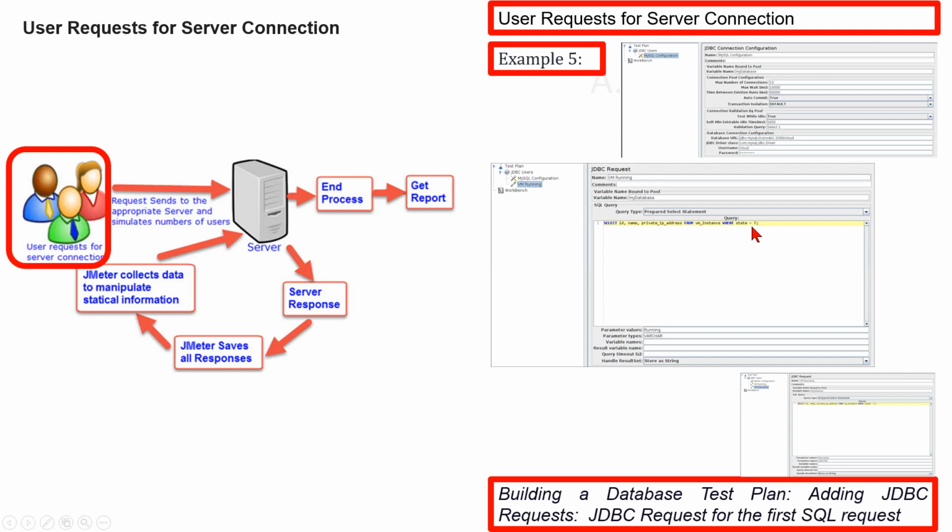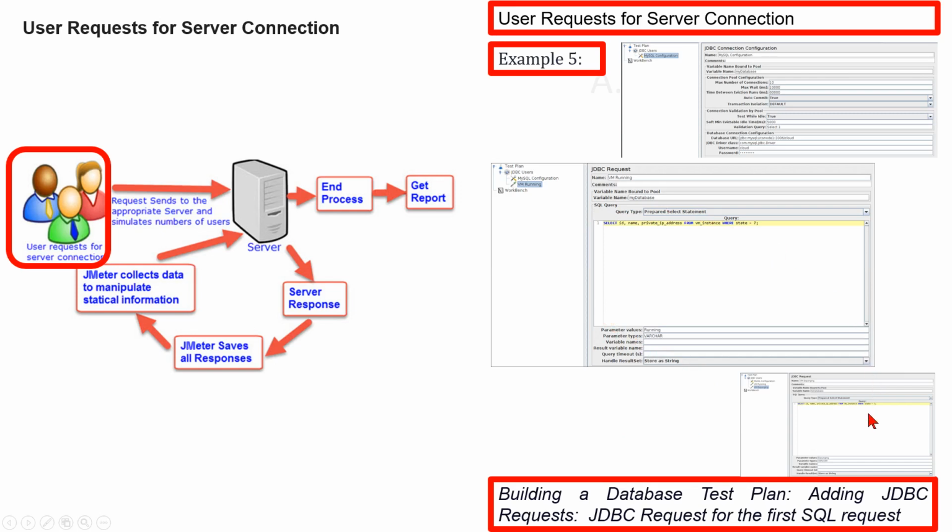Enter the parameter values field with the running value, and enter the parameter types with the varchar. In this figure, you can see here the JDBC request for the first SQL request.